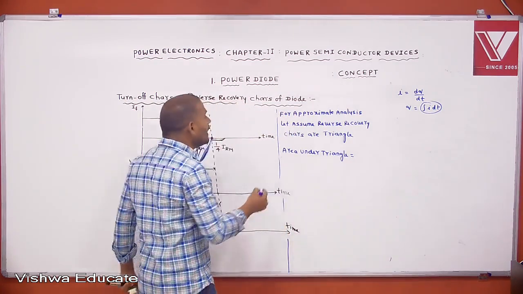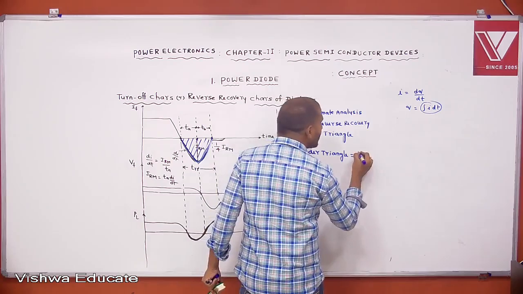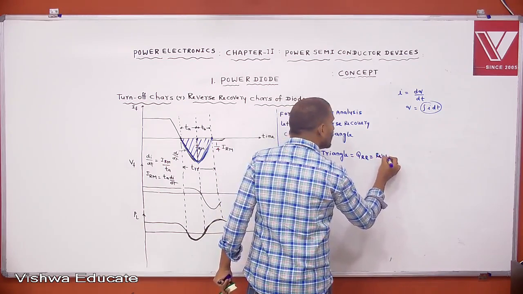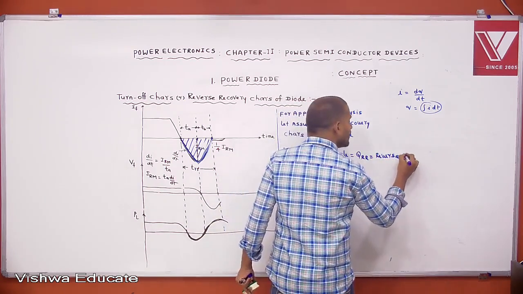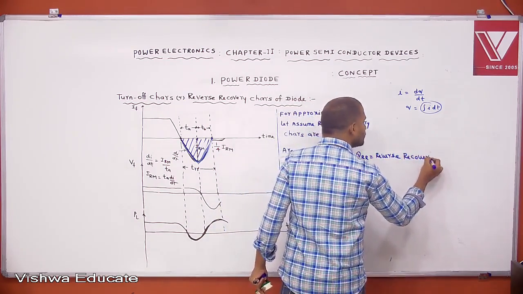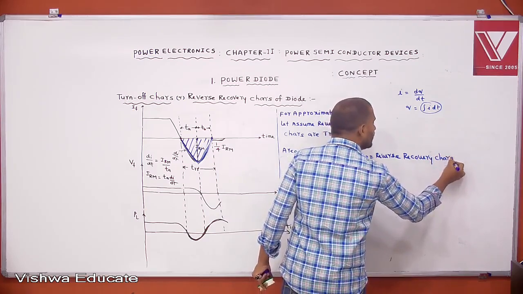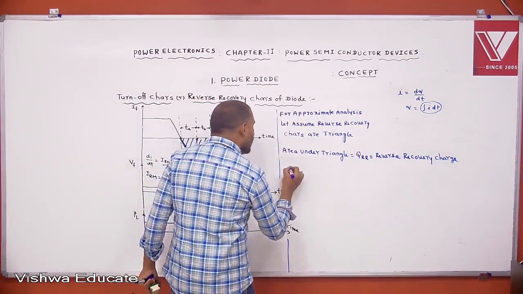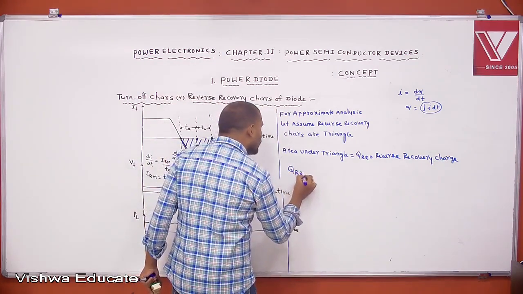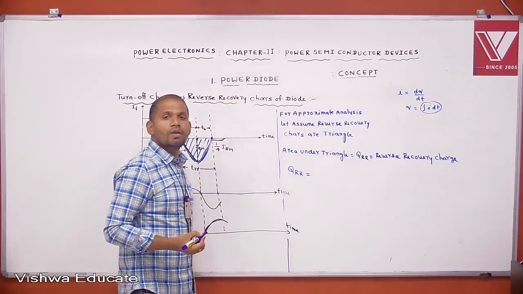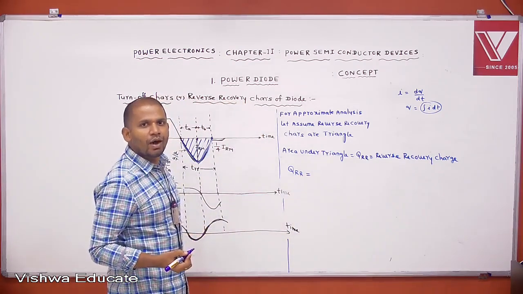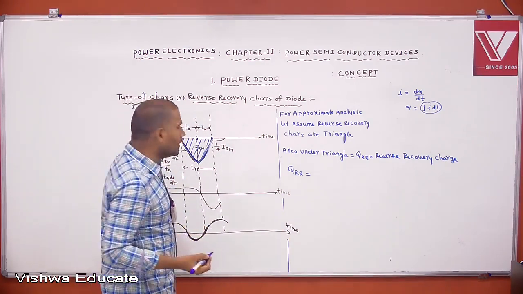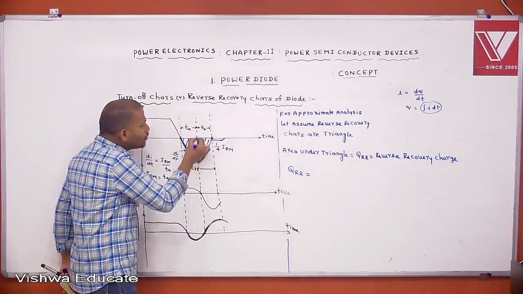That's why the area under the triangle indicates the reverse recovery charge, QRR. Then what is QRR equal to? Here there are two right angle triangles.